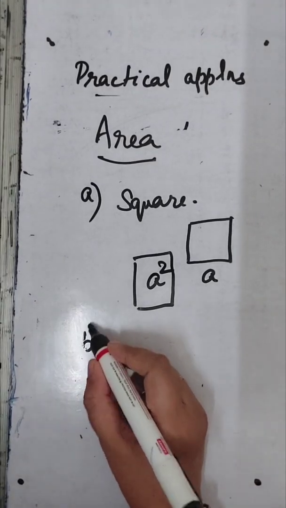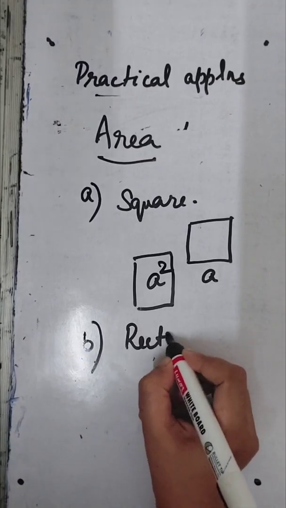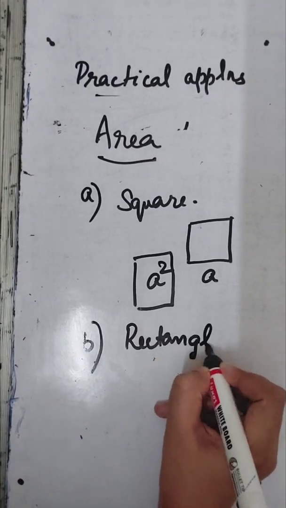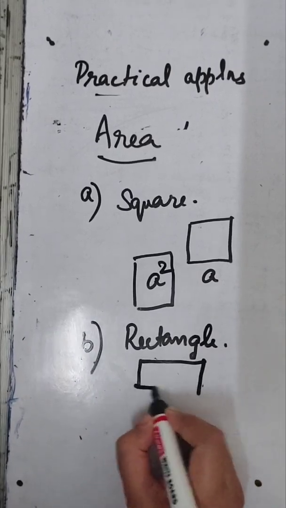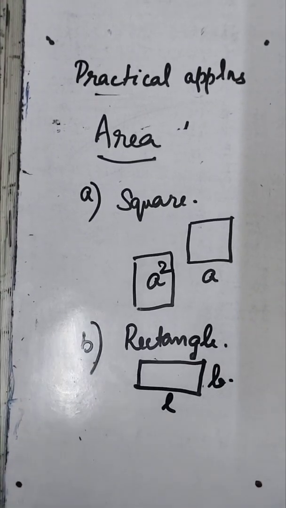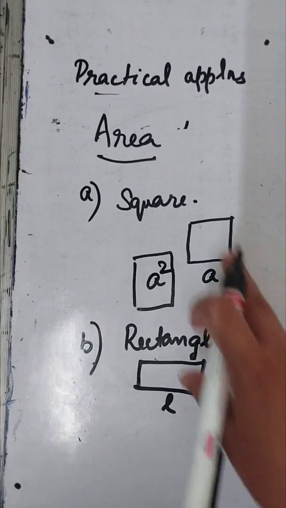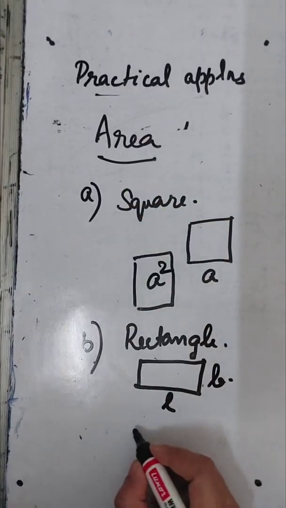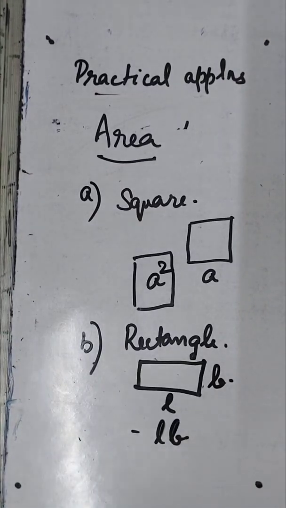So the next one is a rectangle. For a rectangle, we need two dimensions. This is length, this is breadth, right? So if L is the length of the rectangle and B is the breadth of the rectangle, what is the value of area? LB. LB is the value of the area. Okay.